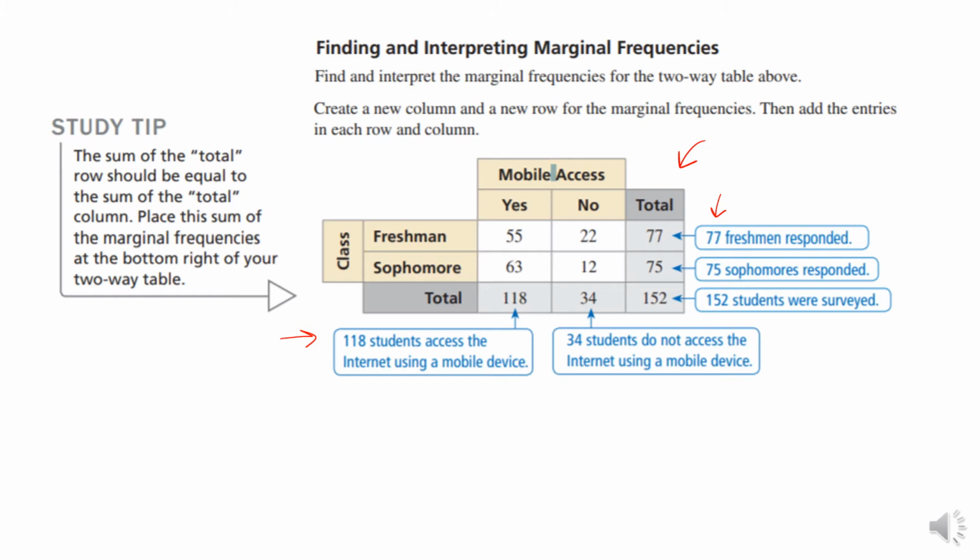But in this case, for this chapter, they're pretty much just going to ask you, what do the totals mean? So what does a number mean? This number here means that out of the 75 sophomores that responded, 12 of them do not access a mobile phone. Okay, so that's the kind of specifics that you would want.